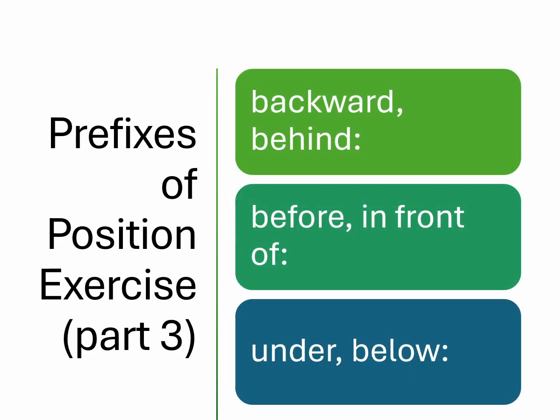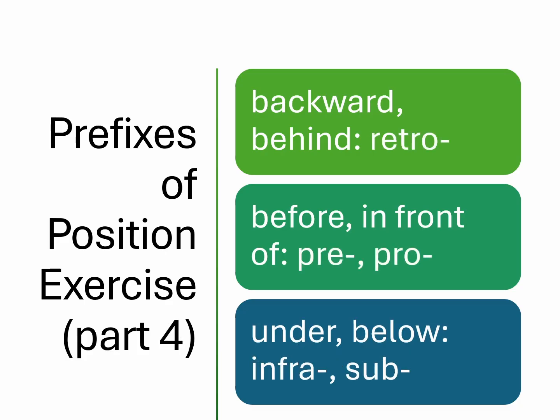Next set, backward or behind, before, in front of, or under and below. So backward behind is retro, before in front of is pre or pro, and under below is infra or sub.